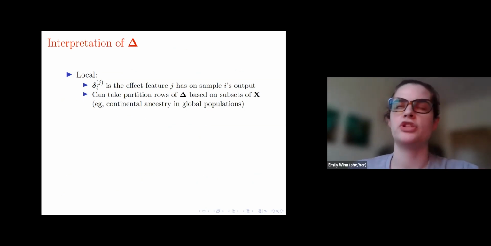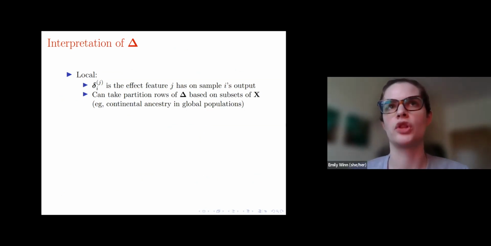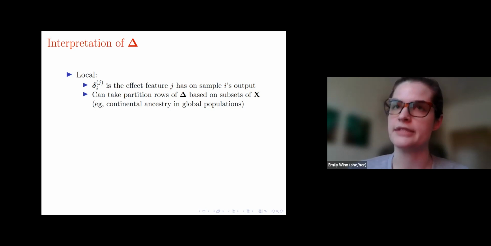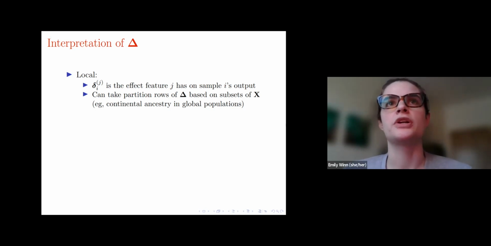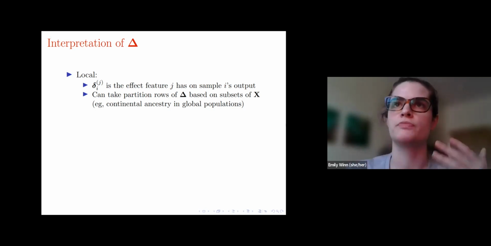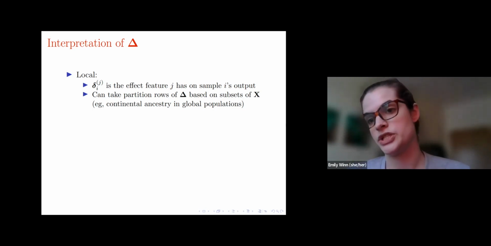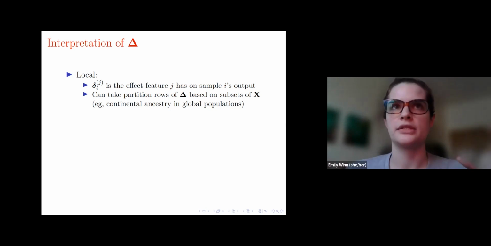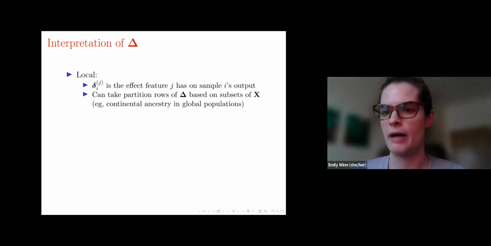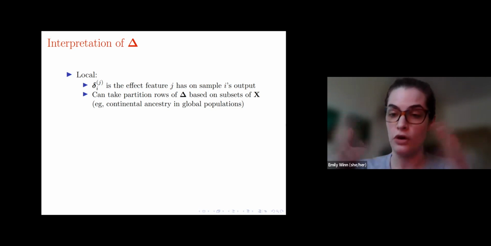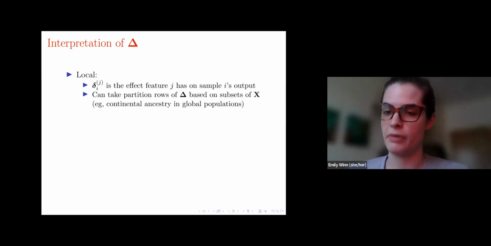So going back to the interpretation of delta, we have a local interpretation where delta sub I of j is the effect that feature j has on sample i's output. And then we can partition the rows based on the subsets of X. So for example, if we're looking at genetics, we can look at subsets based on continental ancestry and global populations, which will allow us to look at the overall population, but also break it down by continental ancestries to see if there's any other variation that we should be looking for.